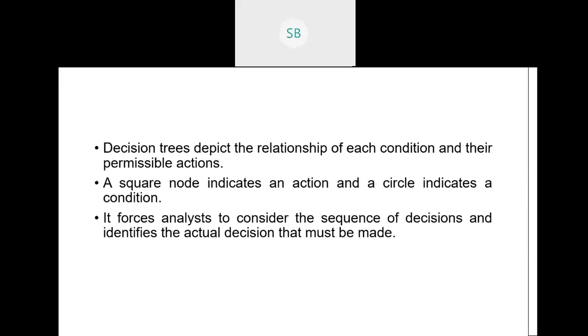Here a square node indicates an action and a circle indicates a condition. It forces analysts to consider the sequence of decisions and identifies the actual decision that must be made.